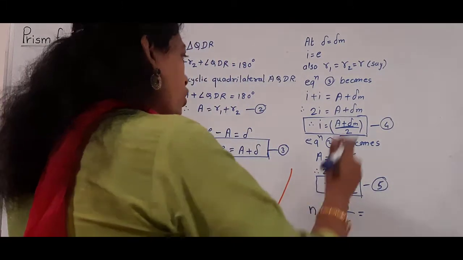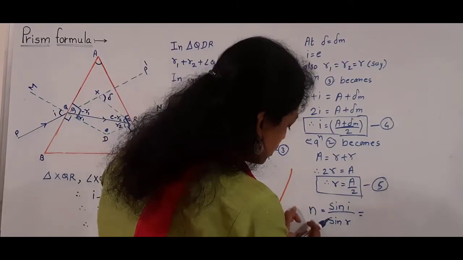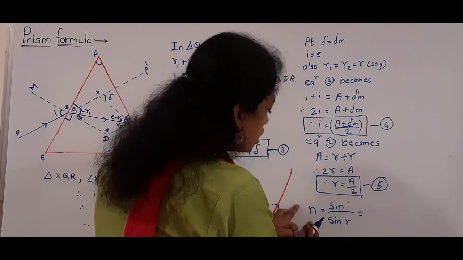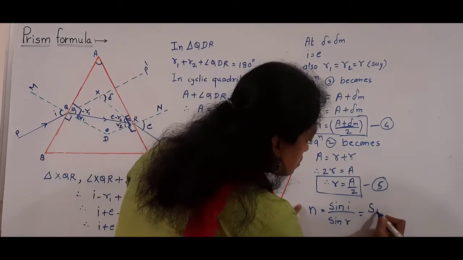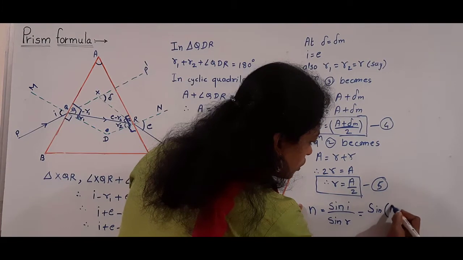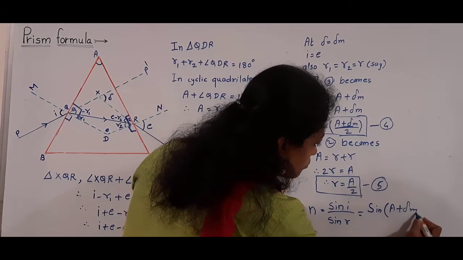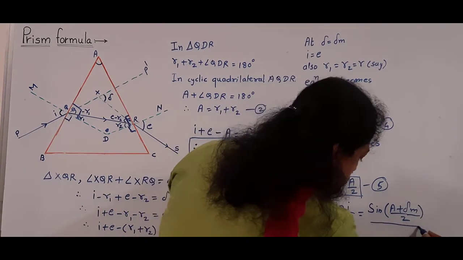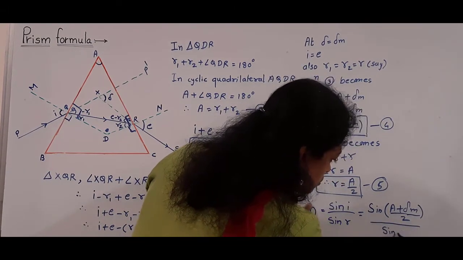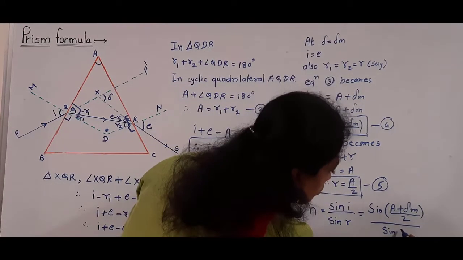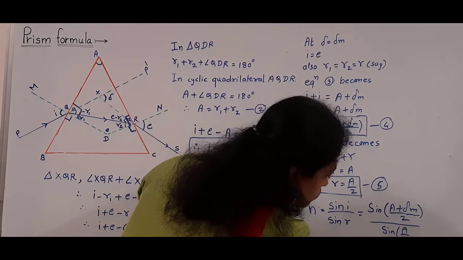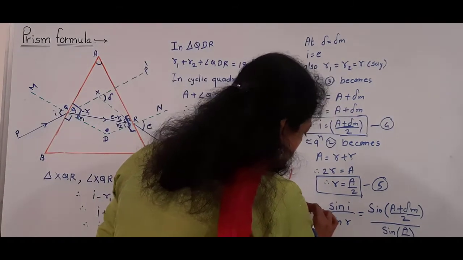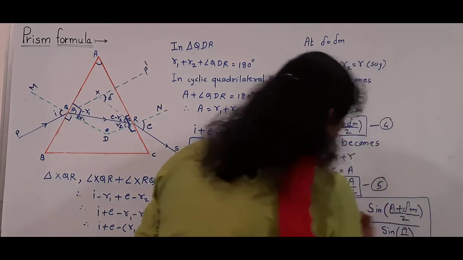Putting this value of I and R in the formula of refractive index, we will write n is equal to sin of A plus delta m divided by 2 upon sin A by 2. And this is the Prism formula.